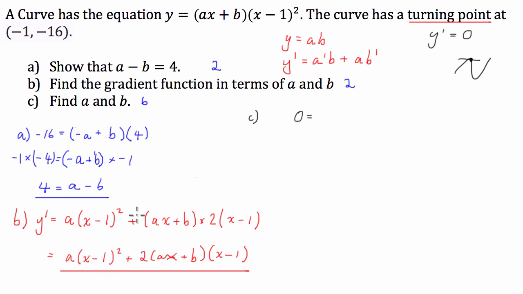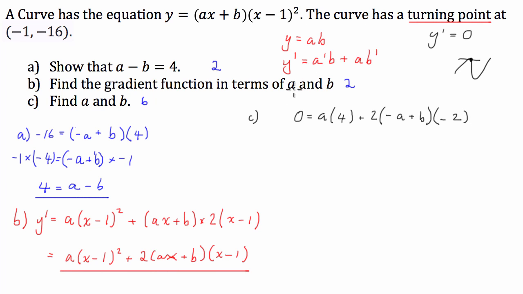Now, what have we got down here? a times (-1 minus 1) all squared, so it's going to be times 4, plus 2 times, in the bracket, -a plus b, times by -1 take 1 is -2.